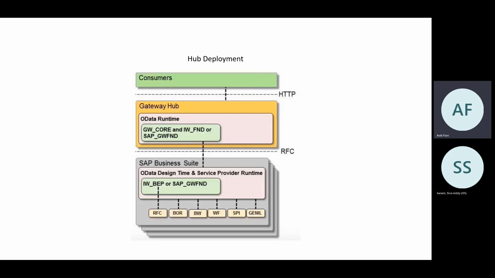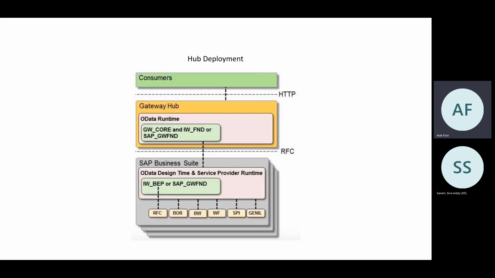Now let's consider you're working with a client which has a hub-based architecture. If you look at this architecture, on the top we have the consumers. The consumers means the actual end users who will consume this OData service. If they want to consume OData service from the gateway hub, meaning your gateway server, we have to use the HTTP protocol.